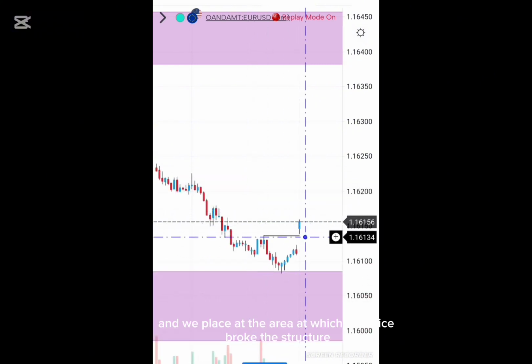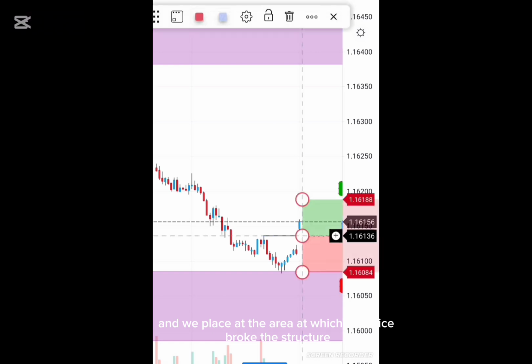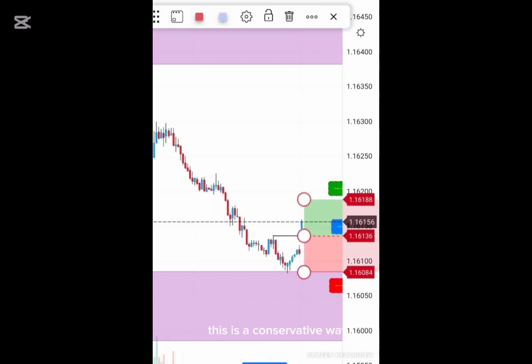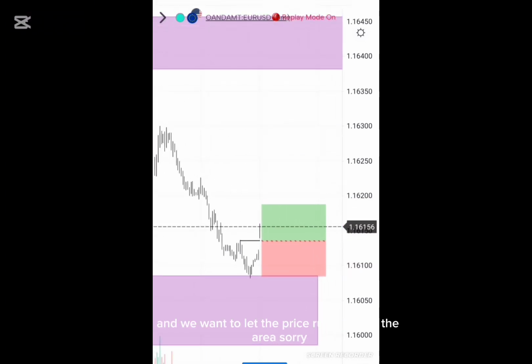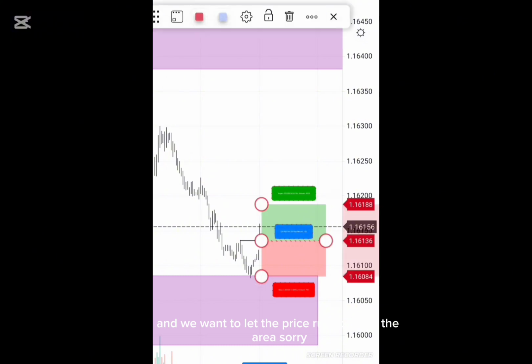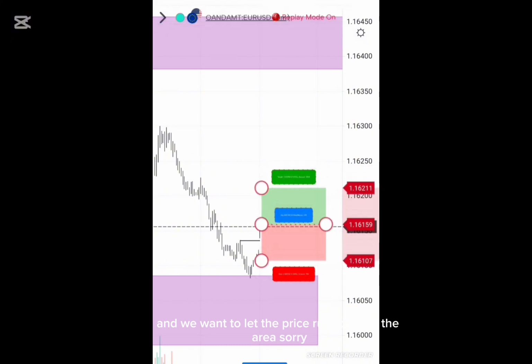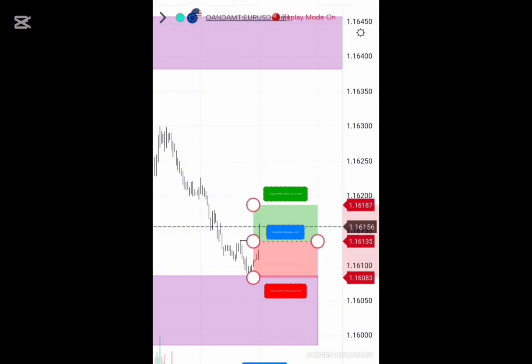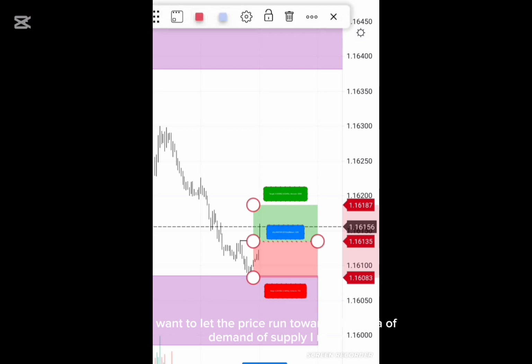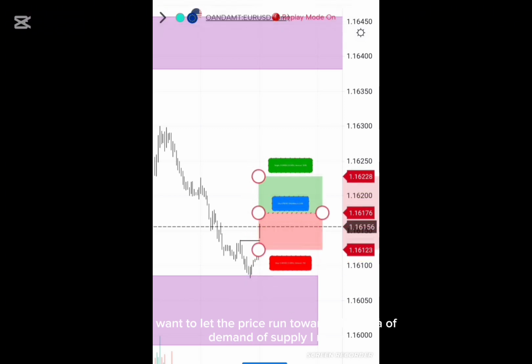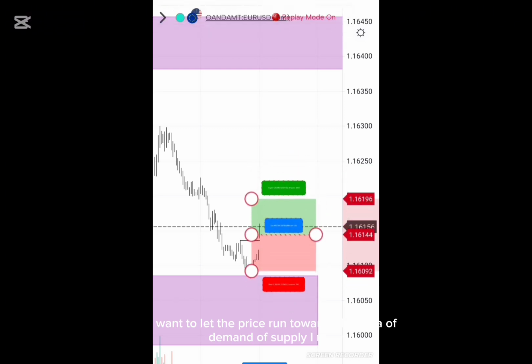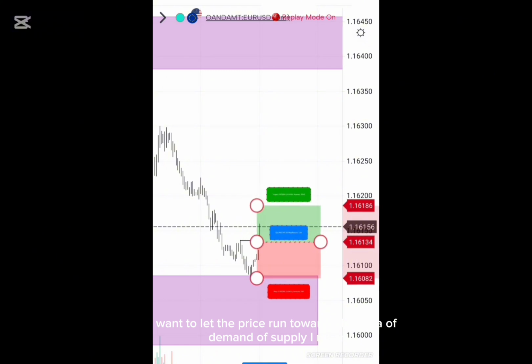Now we come and take our long tool, and we place it at the area at which the price broke the structure. This is a conservative way, and we want to let the price run towards the area of supply.